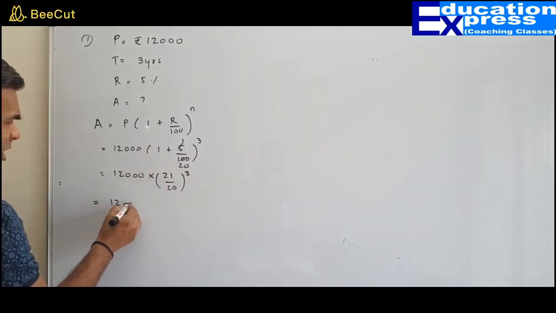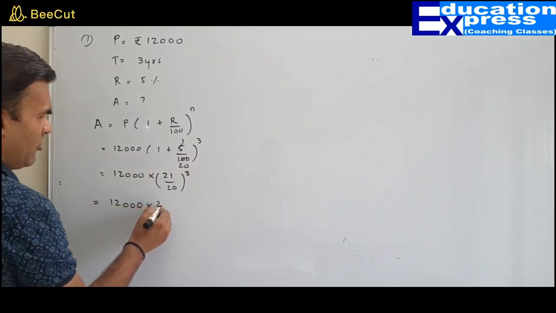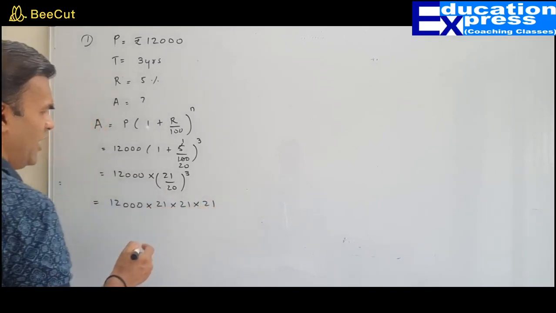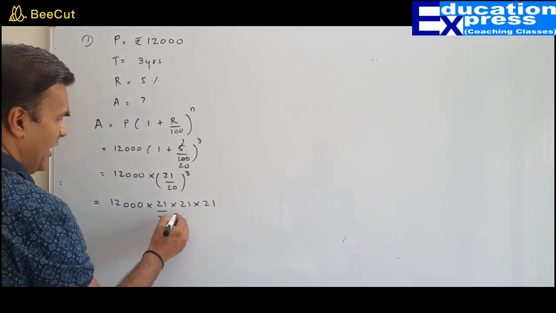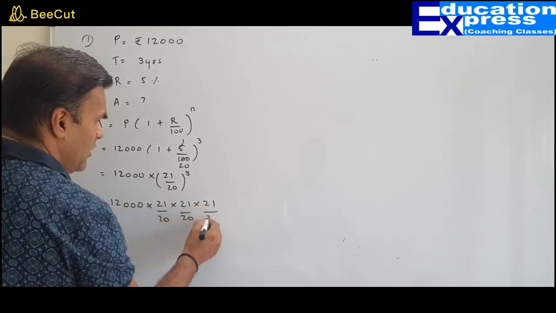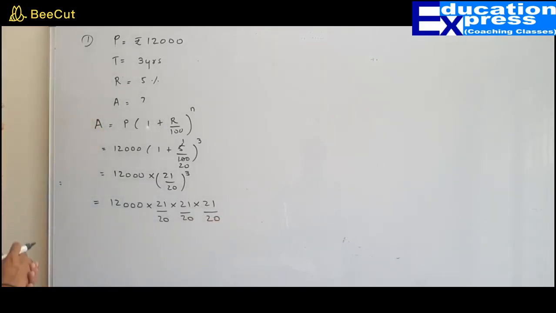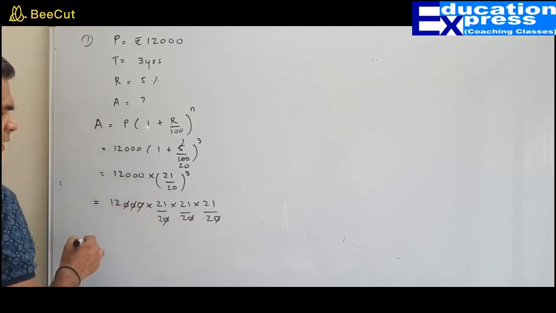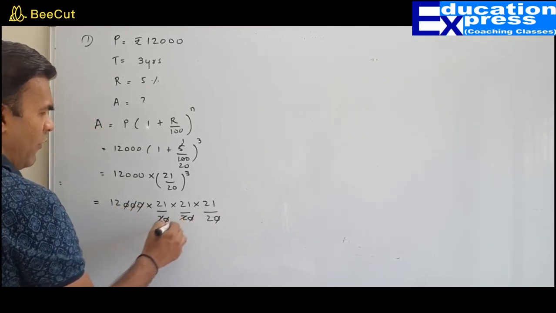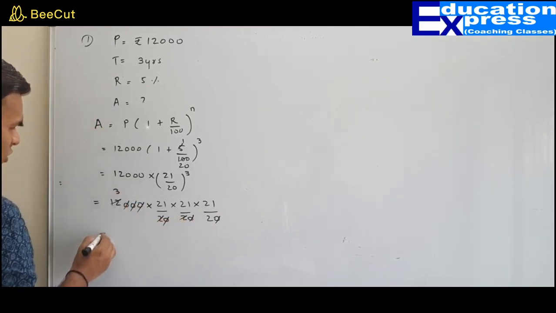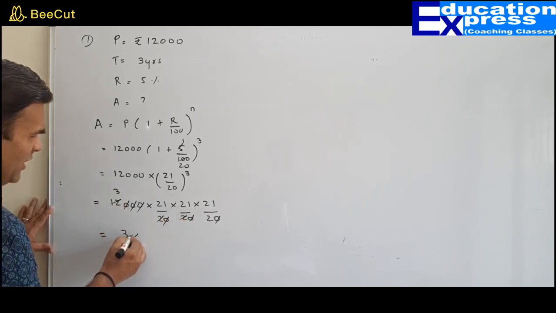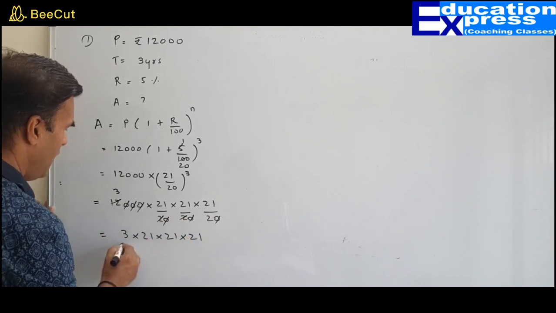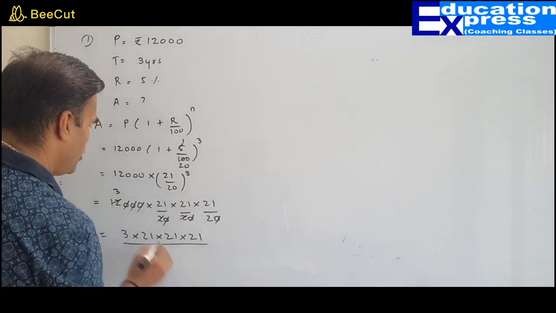So 12,000 multiplied by 21 multiplied by 21 multiplied by 21 upon 20, 20, 20. How do we go about? 1, 2, 3, 1, 2, 3. 2 2s are 4. So basically we get 3 into 21 into 21 into 21, the whole upon 2.